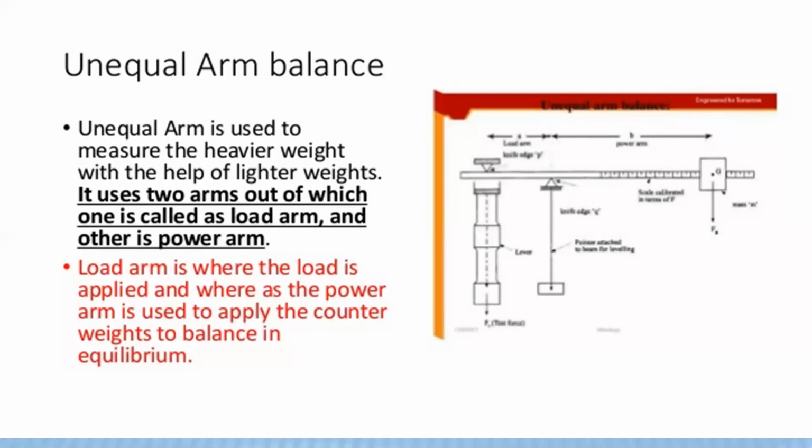This is the typical arrangement of the unequal arm beam balance scale. The unequal arm is used to measure heavier weights with the help of lighter weights. It uses two arms, one called the load arm and the other the power arm.